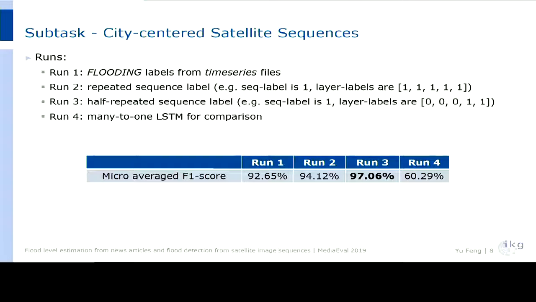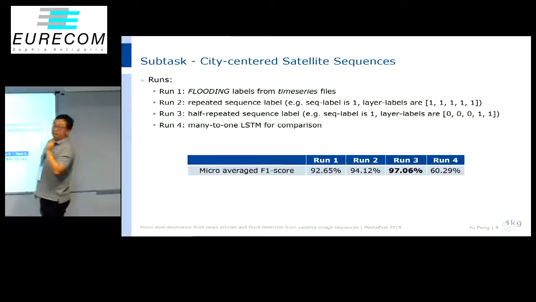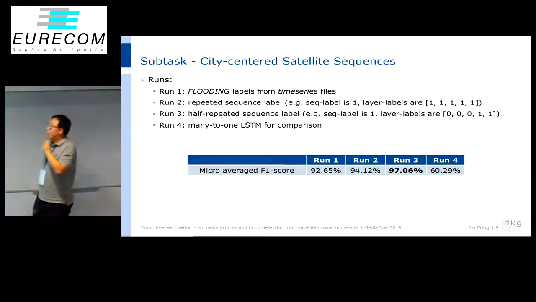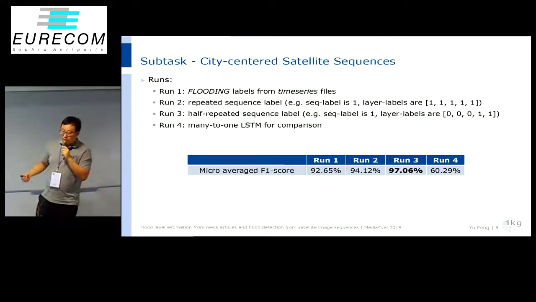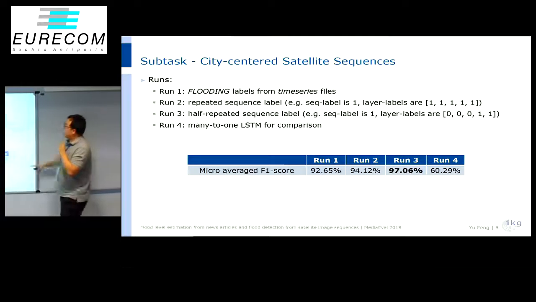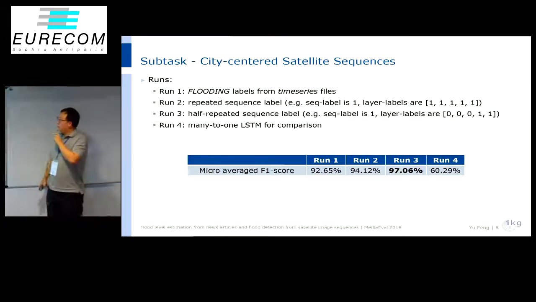This is our first round, because the organizer provides a flooding label for each layer, so we simply use it for each layer's output. Then we thought maybe we can use the sequence-level label provided by the organizer, so we repeat the labels for each layer.